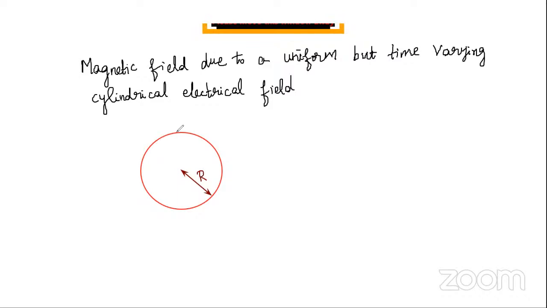So within the cylindrical region, your electric field is changing with respect to time. And I am considering a point at a distance smaller from the center of this circle.